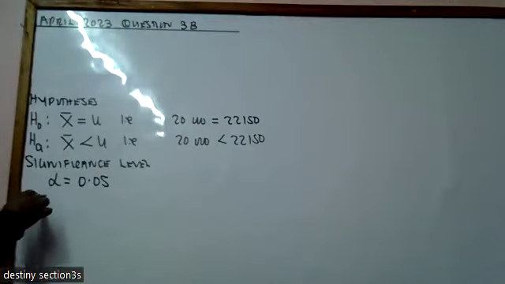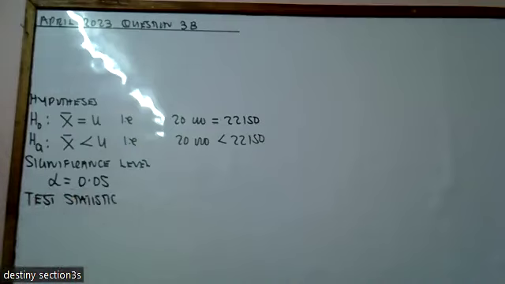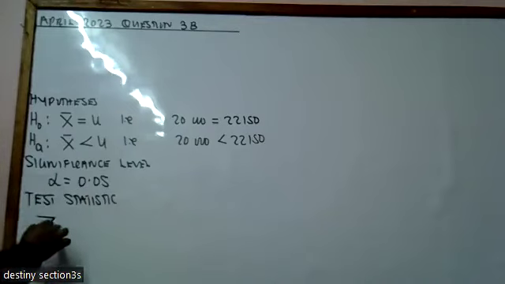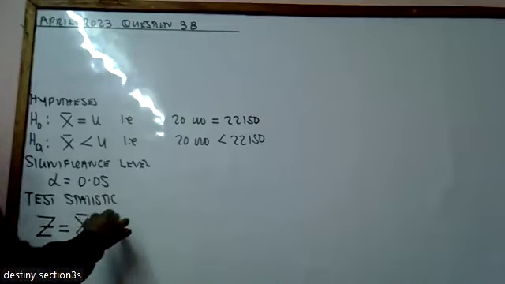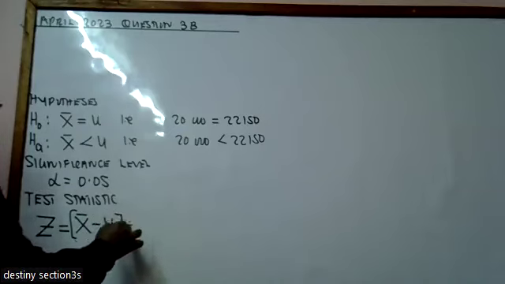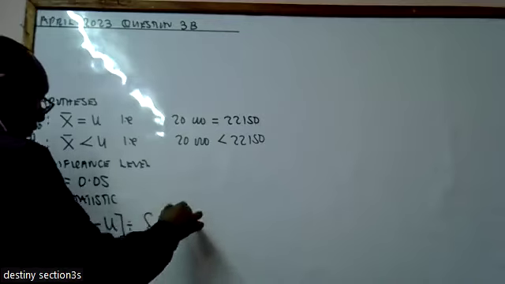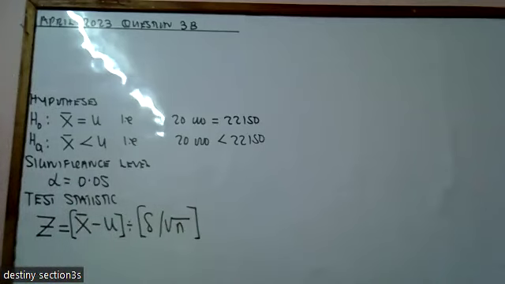From there, the third step is called the test statistic, which we said when the population is known, we always use Z. So Z is X bar minus mu, you divide by the standard deviation, which is divided by the square root of the sample size.